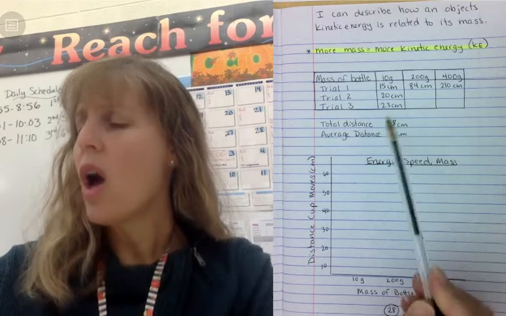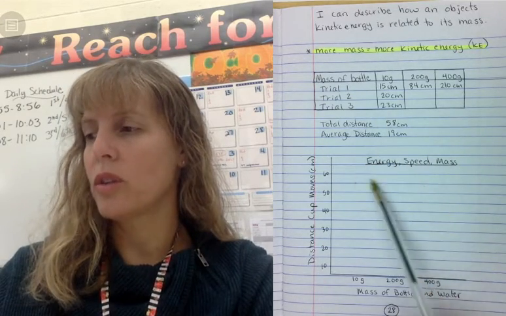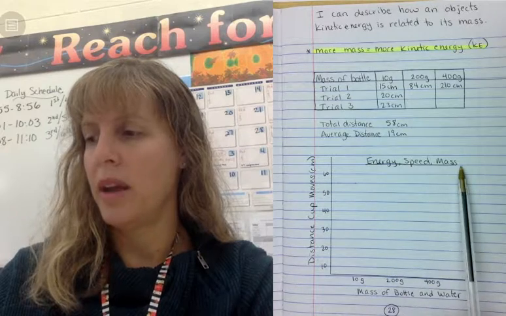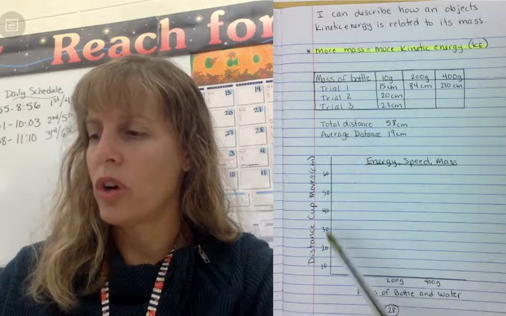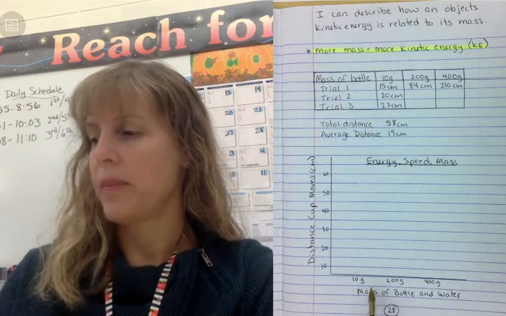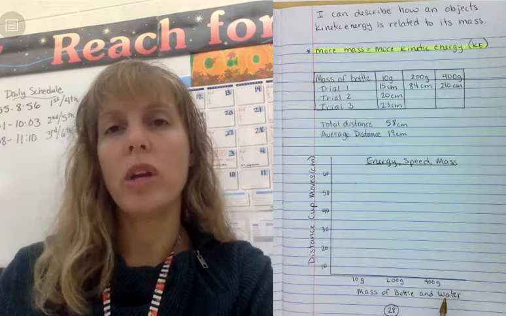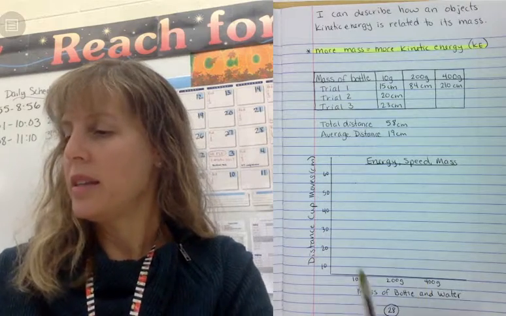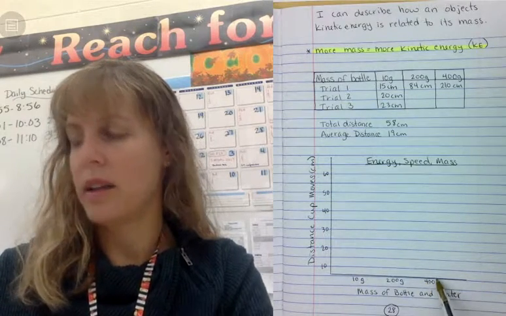And then what you're going to do is look at this graph here. It's about energy, speed, and mass. You'll have here the distance that the cup moves in centimeters and the mass of the bottle and the water. And what you should end up seeing is that here's the lowest mass and here's the highest mass, right?